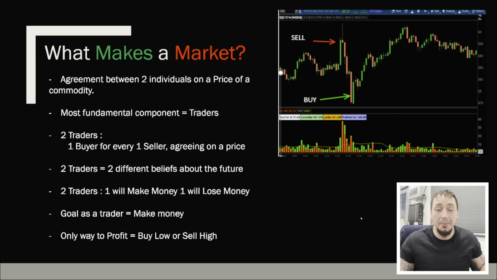This is a zero-sum game. If I'm making money, someone's losing money. Someone has to pay for someone else's success, and it's all based on what happens in the future. So our goal as traders is to make money. There's only two ways to profit in this game: buy low or sell high.